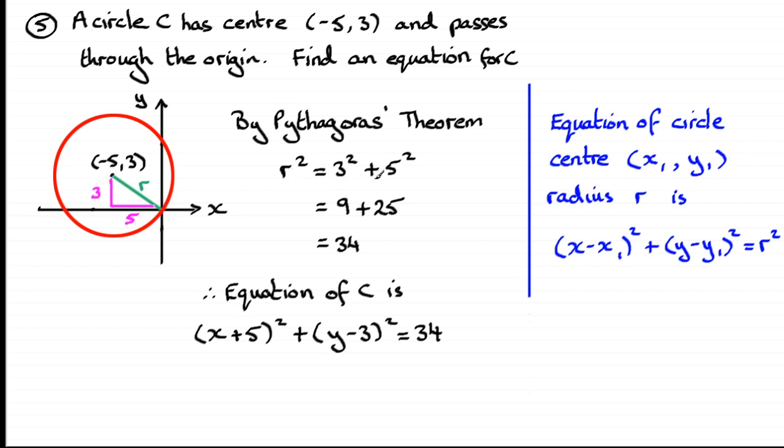So r² = 3² + 5², which comes down to 9 + 25, which is 34. You don't have to square root that. We're only interested in r squared. So the equation of C is (x + 5)² for the centre here, plus (y − 3)² equals 34. Don't forget to switch these two signs for the coordinates of the centre there.